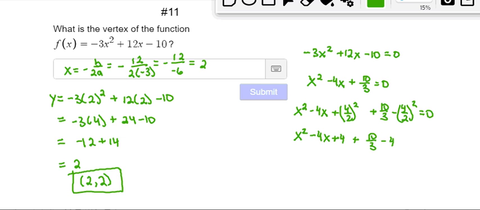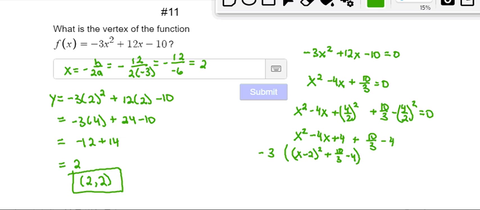All right, now we've got x minus 2 squared. Wait a minute. Plus 10 thirds minus 4. Remember when we divided everything by negative 3? Now we've got to multiply everything by negative 3.